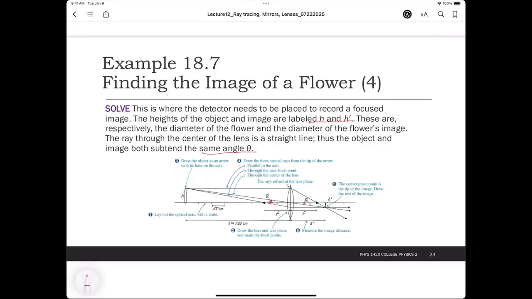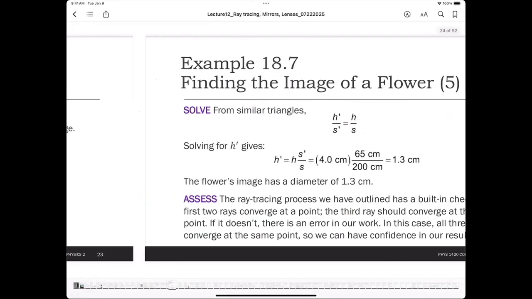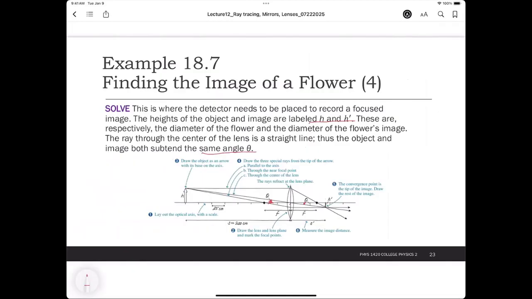Does that make sense to you? Which means h divided by h' should equal s divided by s', because you can see these two triangles.